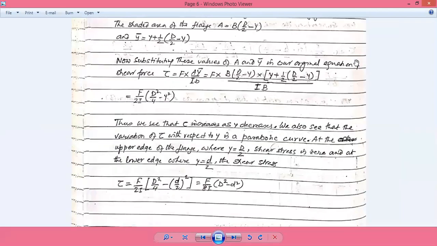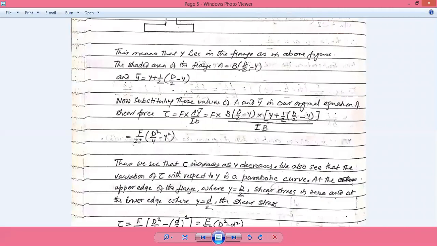Now, what is shown in this diagram is, first of all, we have this section over the flange itself, that is J and K, which is away from the web itself. So the area of this shaded portion will be width B multiplied by the height, D by 2 minus y. Here the total height from here to here is capital D, so this length is d by 2.